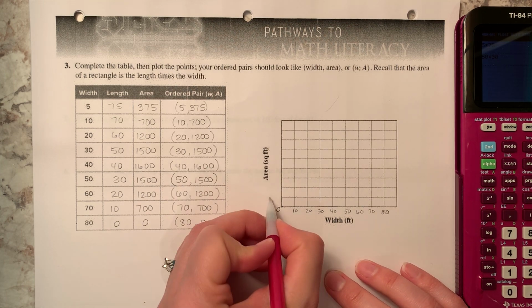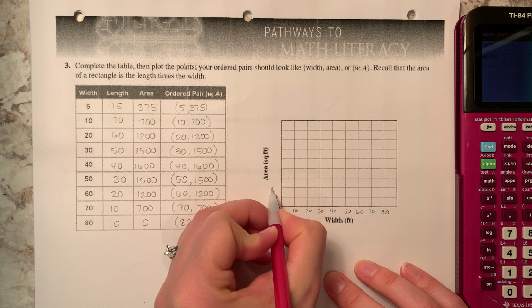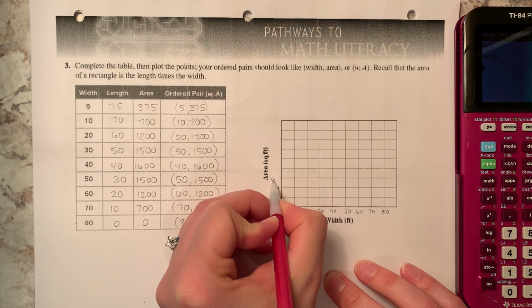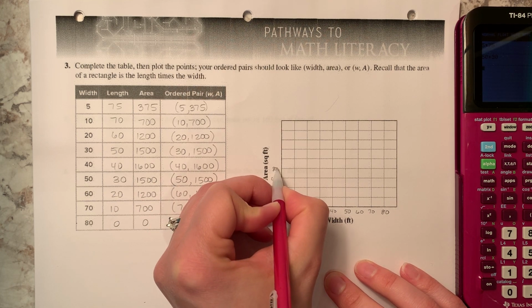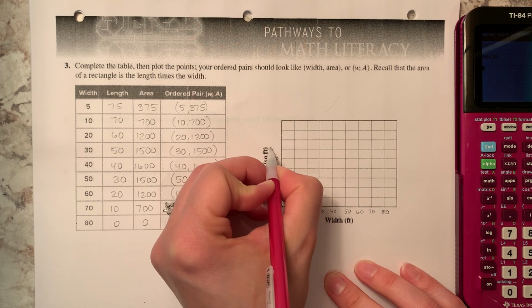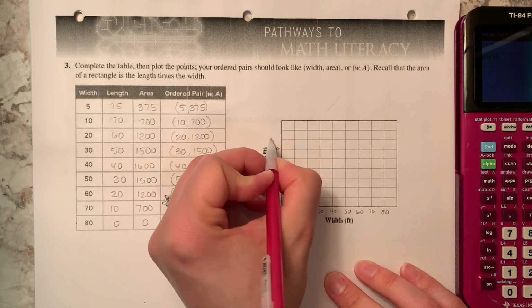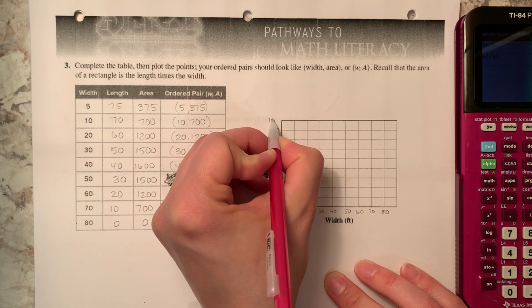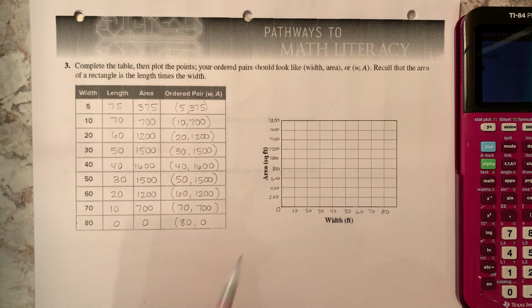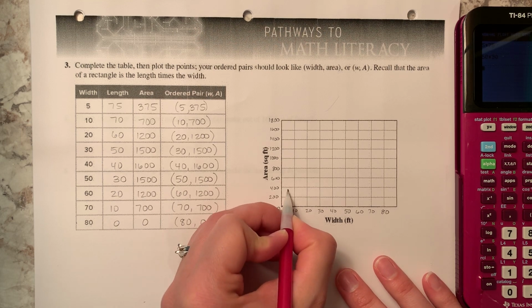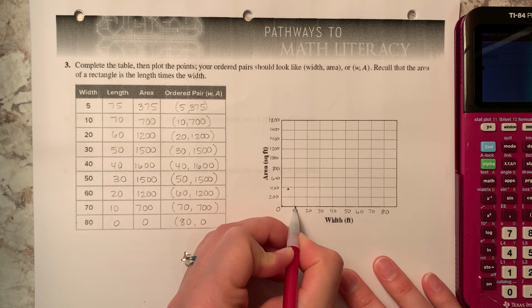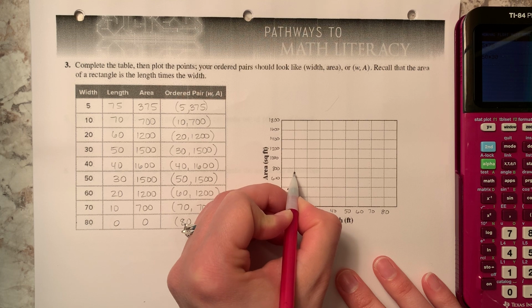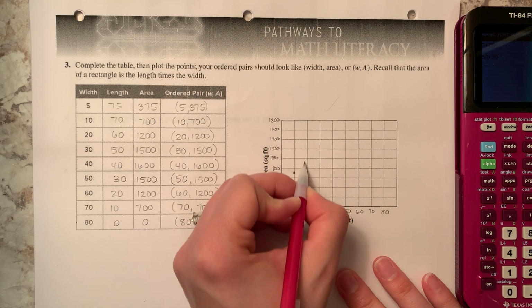And then I'm going to go by 200s for the area. Okay, and let me plot these points as quickly as I can here. Doesn't have to be perfect, but you want it to be as accurate as possible.